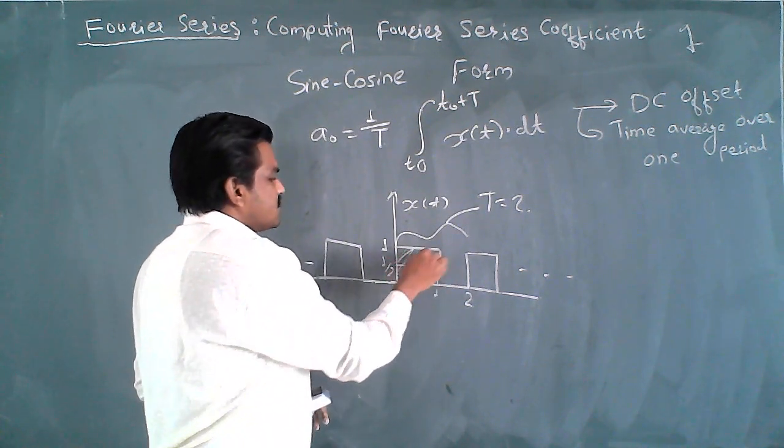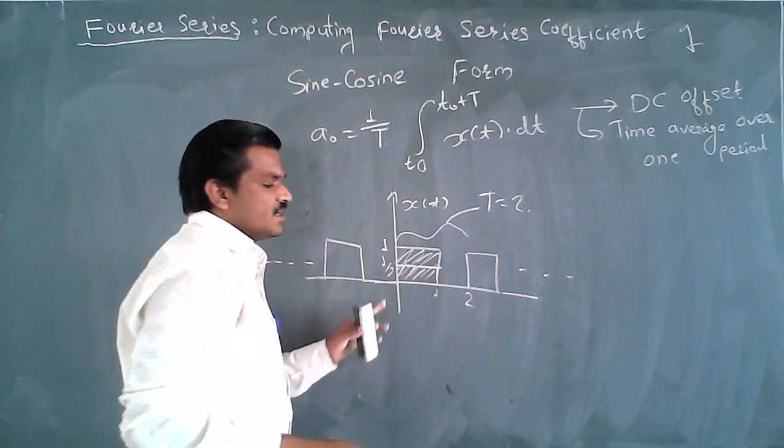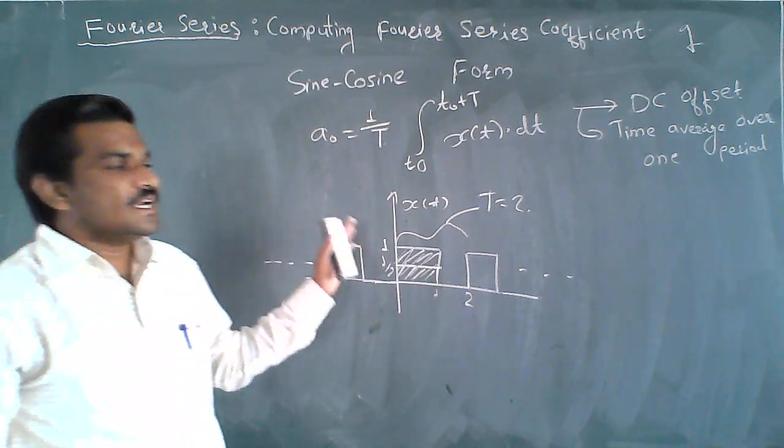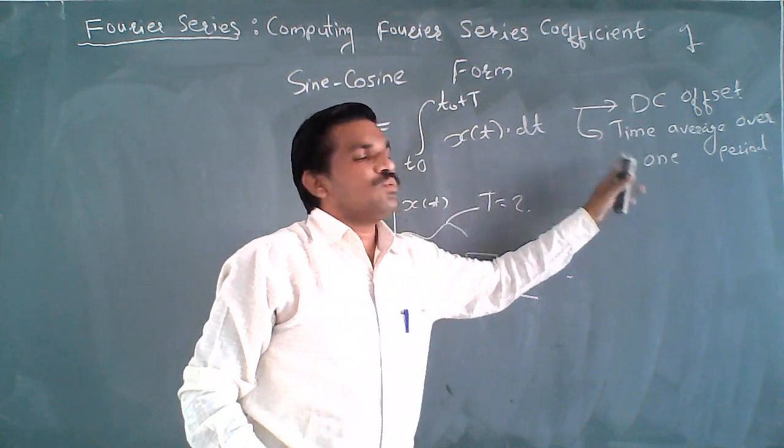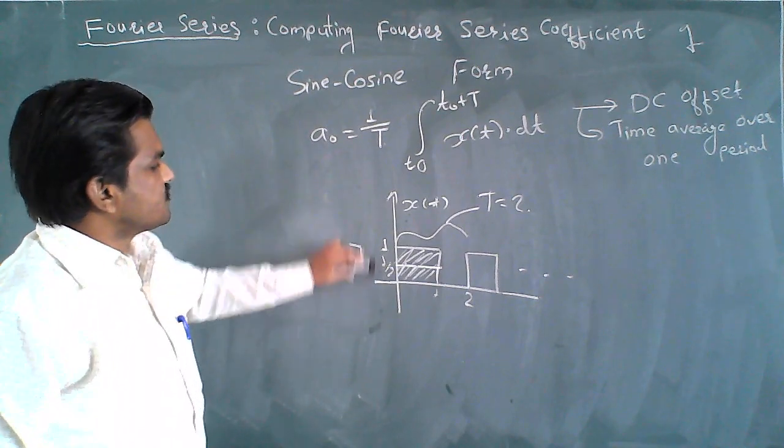Whatever portion is above this curve equals the portion below this curve. So this is the concept of time average over one period.